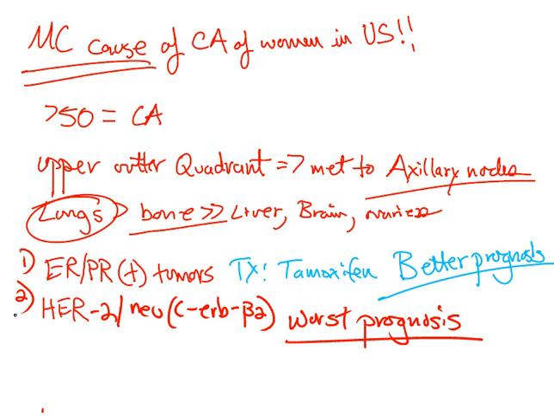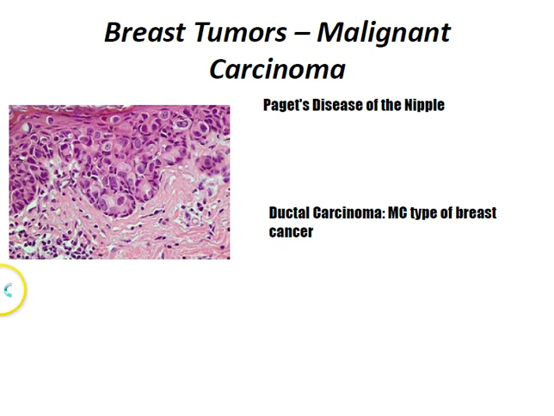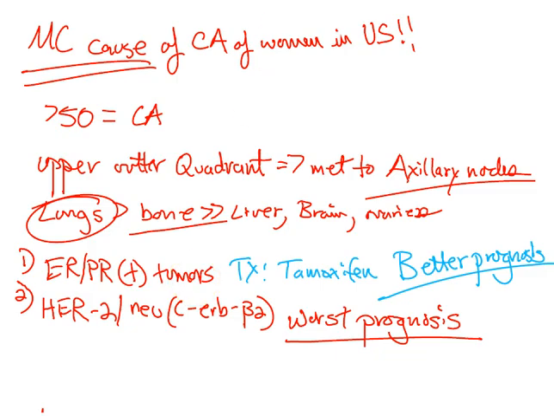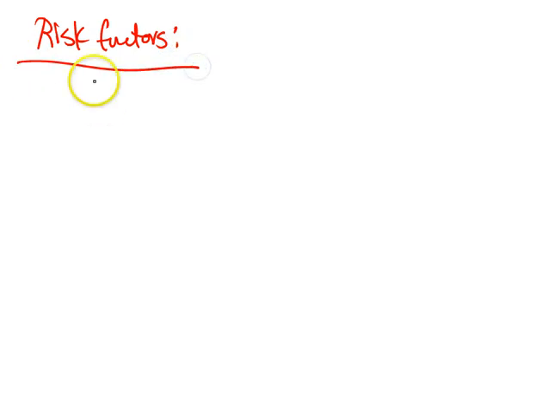So that's an overview of breast cancer that's malignant. Actually, before we go back and talk about these, we're going to talk about some risk factors for breast cancer. All right, so age is number one.